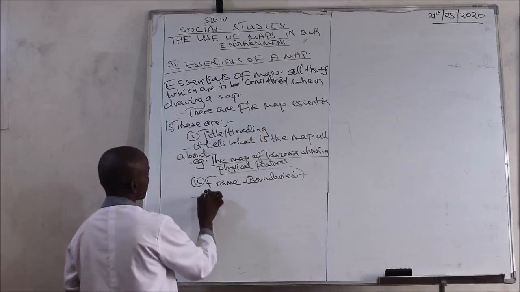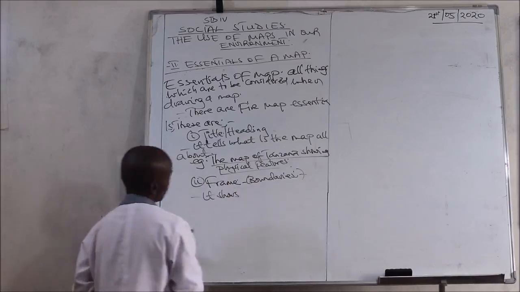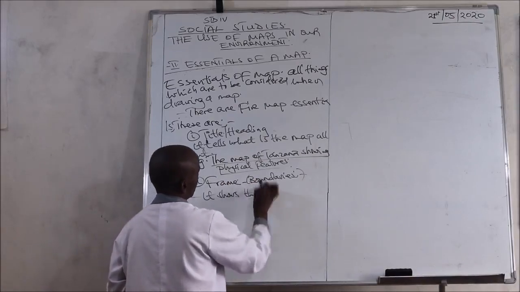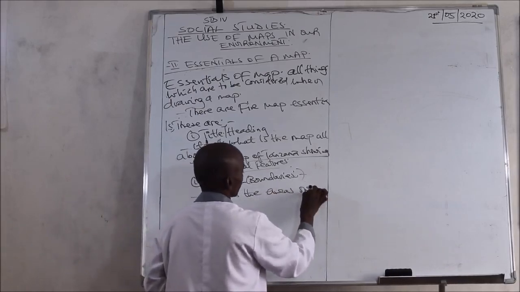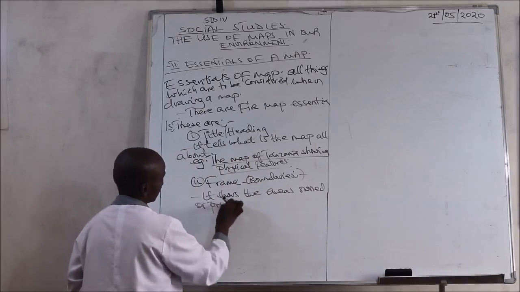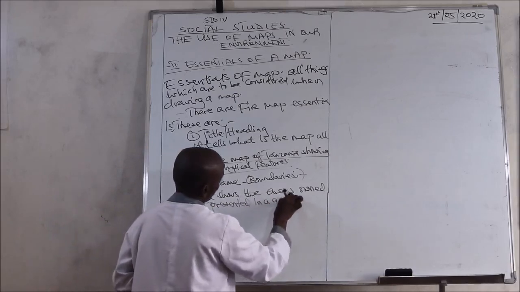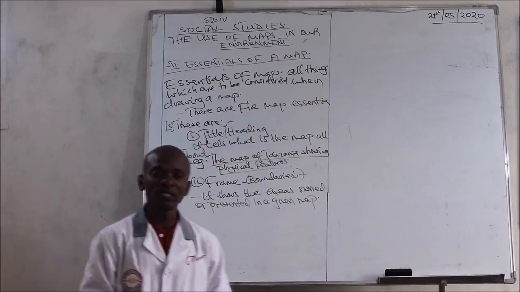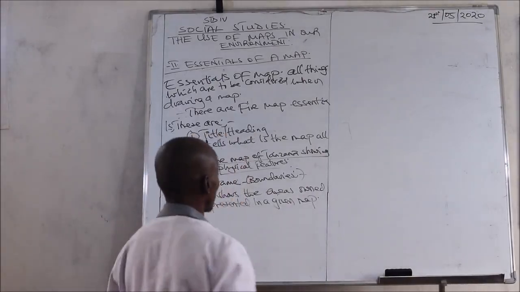It shows the area owned or presented in a given map. Or sometimes we can say it can show the starting point and the ending point of your map. For instance, you can say this is the map of Tanzania.